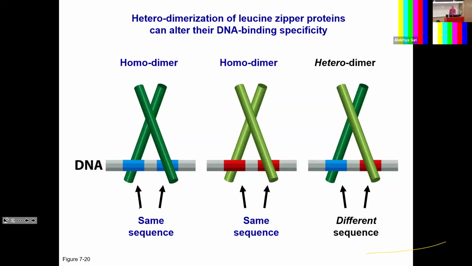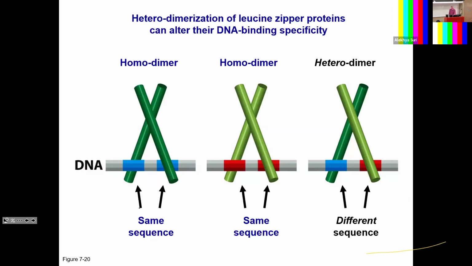Okay. And also in this case, you can have homodimers and heterodimers. A homodimer would be binding of the same protein as a dimer to the same sequence at a certain distance. You can see here it's close to each other, but yeah, same distance.